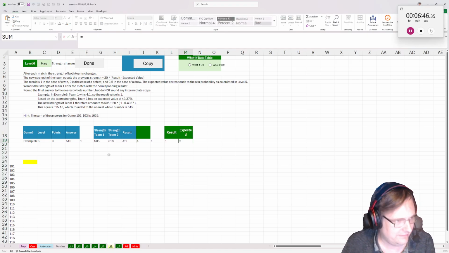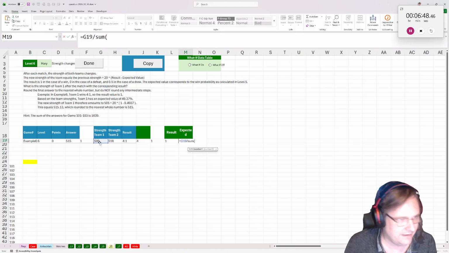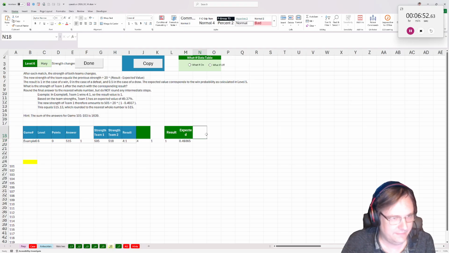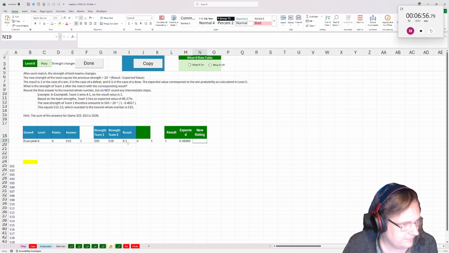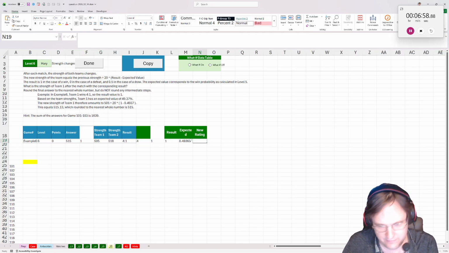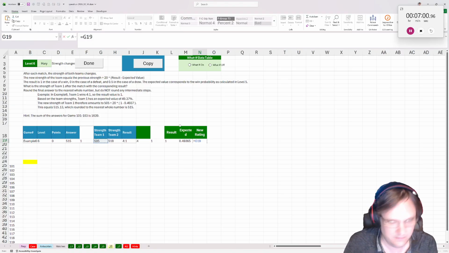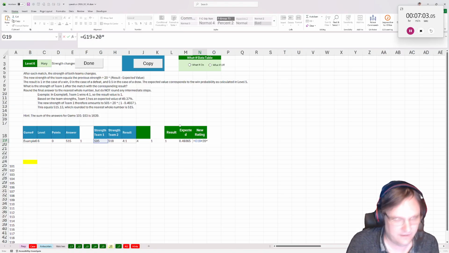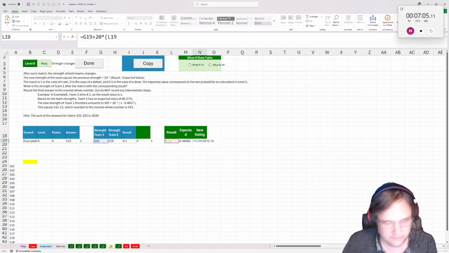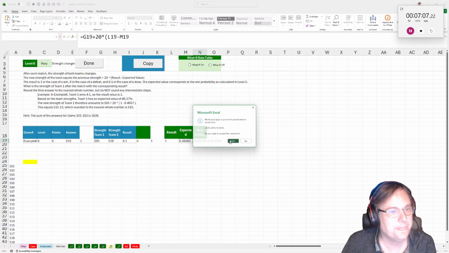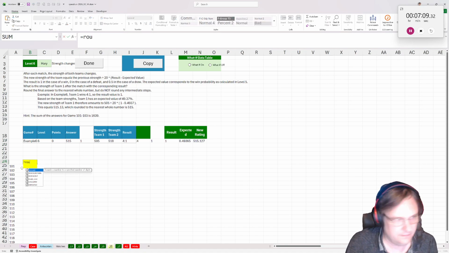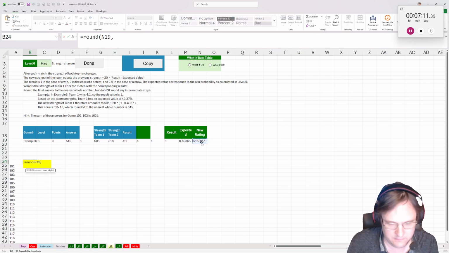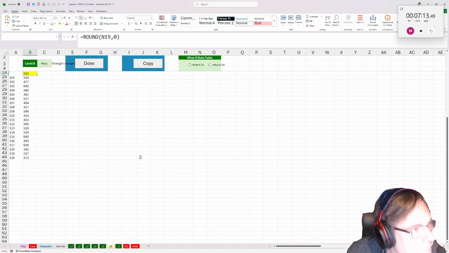Expected result is team one divided by both of these. Right, and then the new rating, according to the rating formula, is the previous strength plus 20 times result minus expected. And then round 0 decimal places.